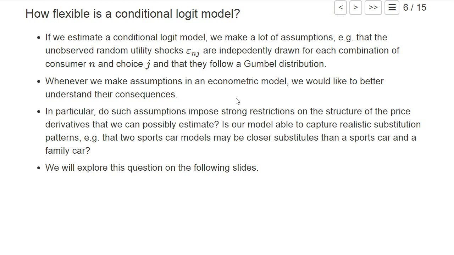In particular, when we are interested in estimating price derivatives or cross-price elasticities, we want to know how flexible our model is. Which sort of price derivatives can our model possibly estimate? Is our model able to capture realistic substitution patterns?